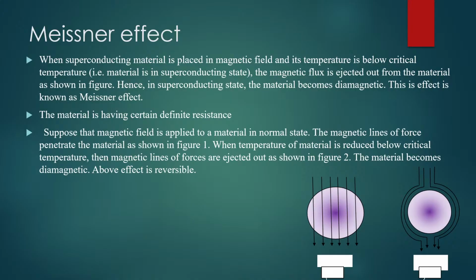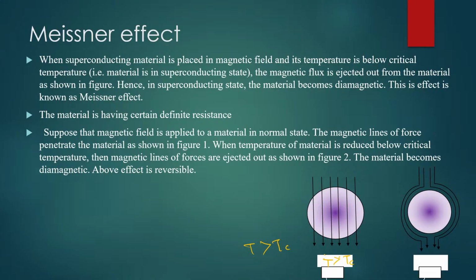Then the Meissner effect, as we already know. The Meissner effect is that whenever the temperature is greater than the critical temperature and we apply a magnetic field, the magnetic field lines go inside that material.